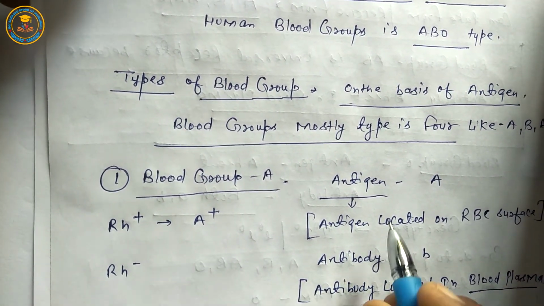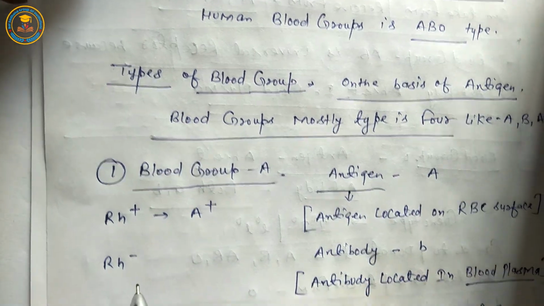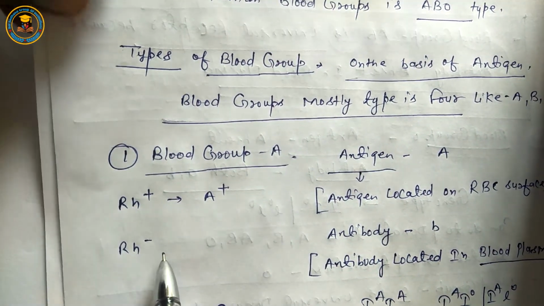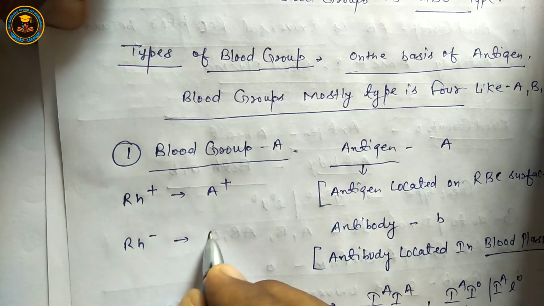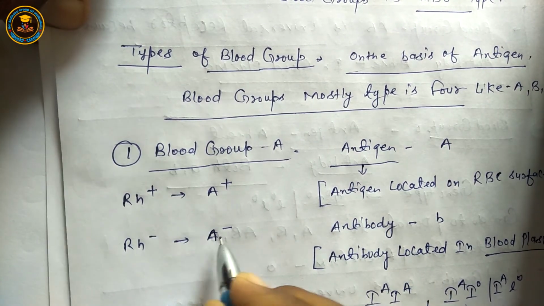But some people have antigen A but do not have RH antigen, so it is called A negative.